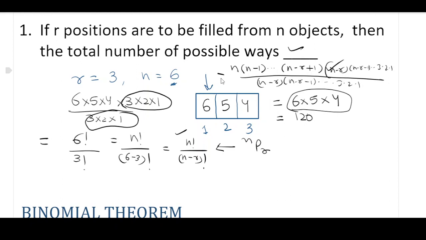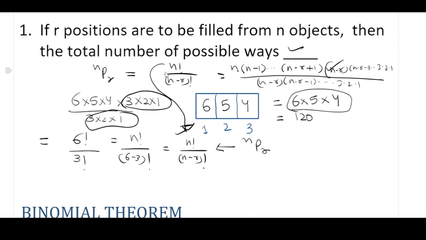So this whole quantity will be, let me just make some space for me, on the numerator n factorial, and in the denominator n minus r factorial. I wrote it just before by choosing some particular value, but in general I have now expressed this. So this is the number of possible ways which we denote by nPr.